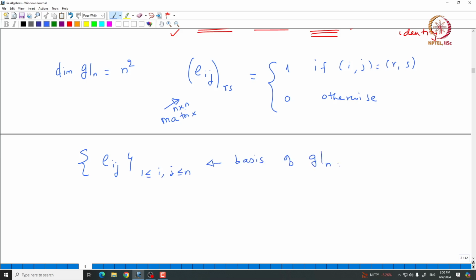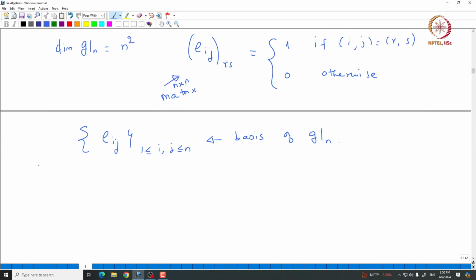This is a very important basis, and one can also easily compute what happens between the elements of this basis. For example, the multiplication is easy to verify, so I will leave it as an exercise.